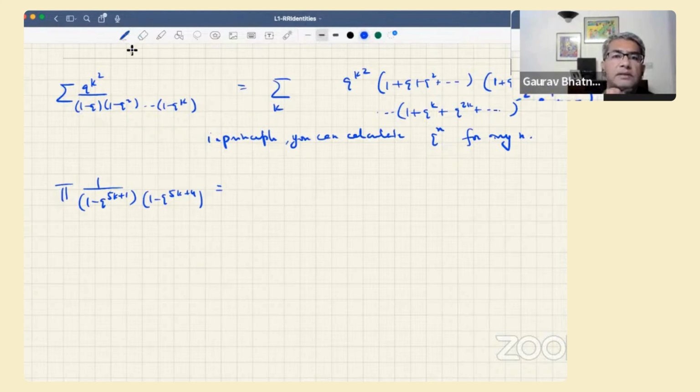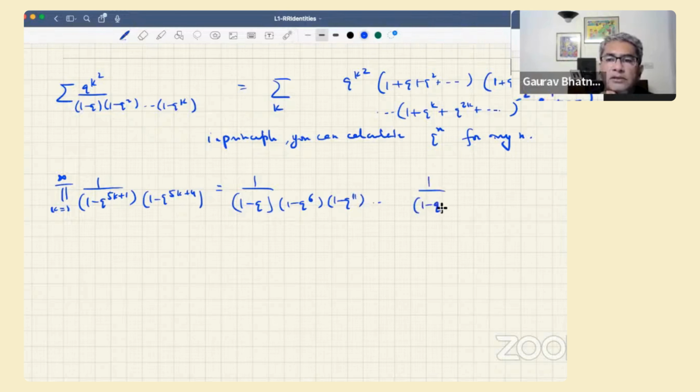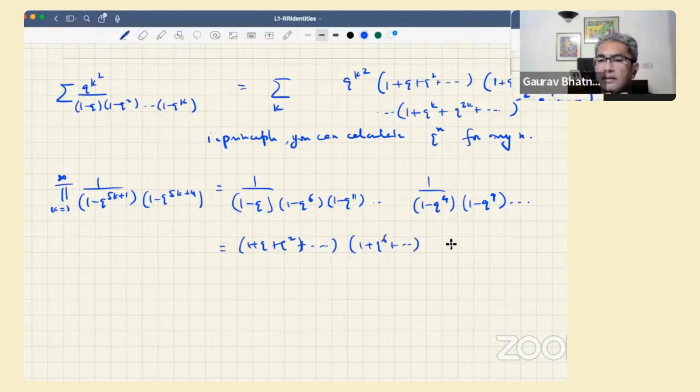So this is 1 over 1 minus q, 1 minus q to the 6, and so on, k from 0 to infinity, times 1 minus q raised to the power 4 times this one. Each of these guys you can write as 1 plus q squared plus blah blah blah.